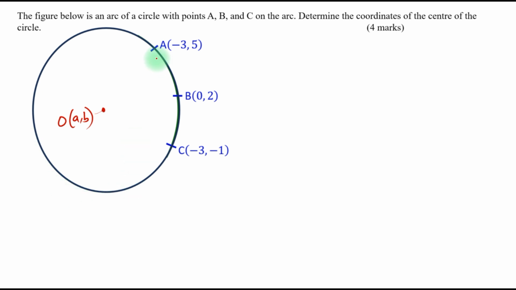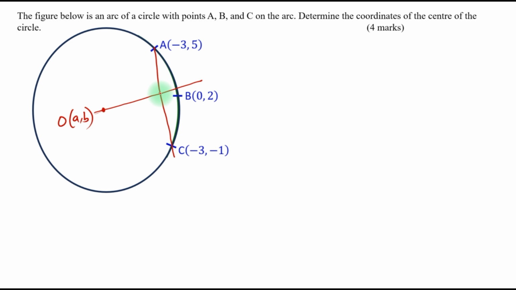Remember, if I join AC, and then I bisect this chord, AC is a chord. It always passes through the center of the circle.